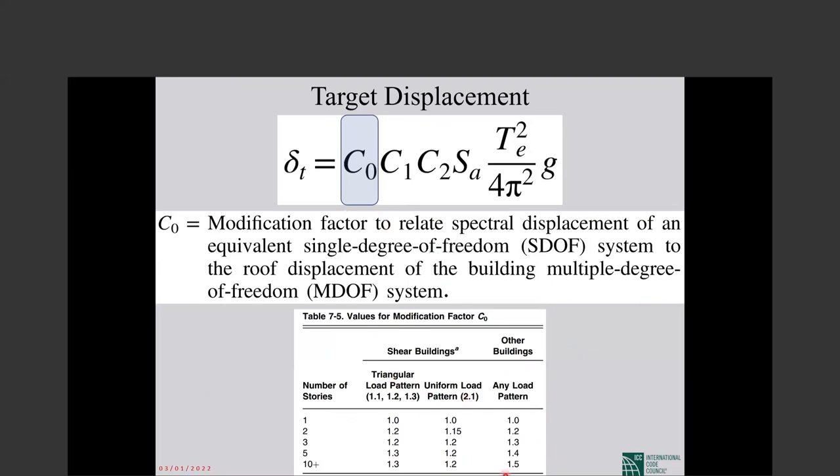And in these tables, there is a relationship between the top displacement of a multi-degree of freedom system and the value that you get approximated from response spectrum analysis, which is for a single degree system. And naturally, it depends on the number of stories and on the form of deformation.